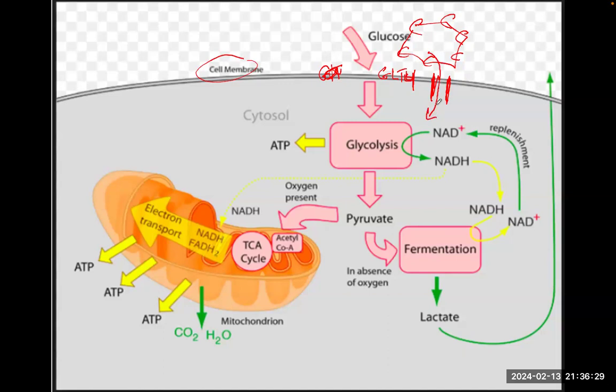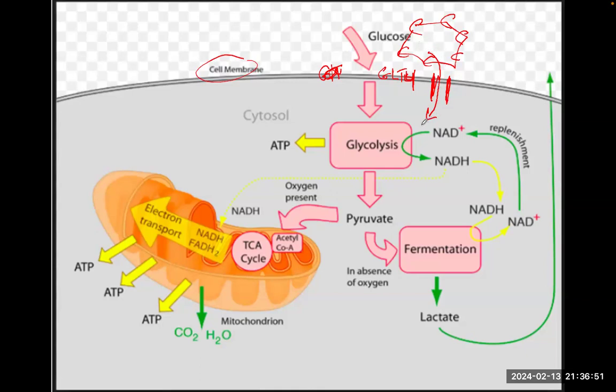Okay, glucose is too big to be carried in by itself. So it needs a transporter, a transport protein, or a carrier molecule. So these GLUT4 transporters are like a doorway that allows glucose to enter in.